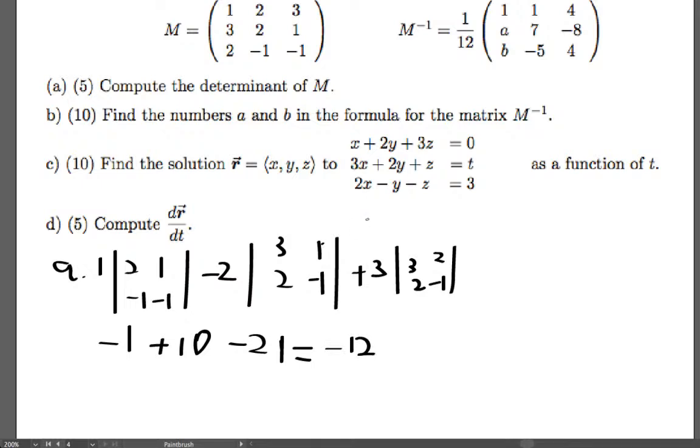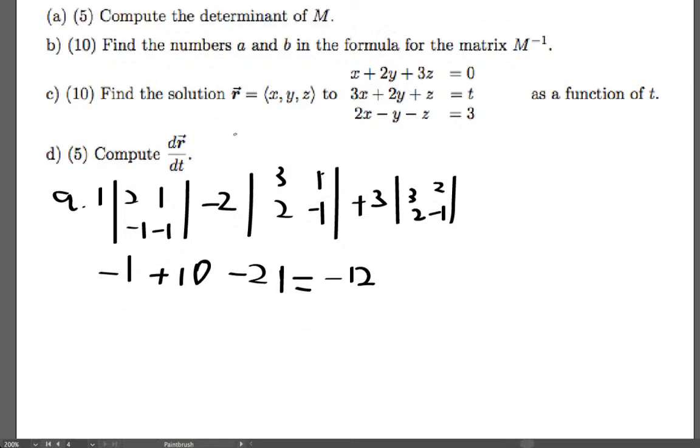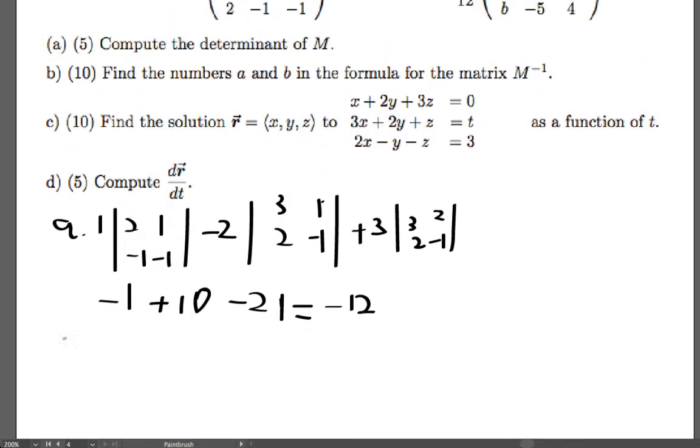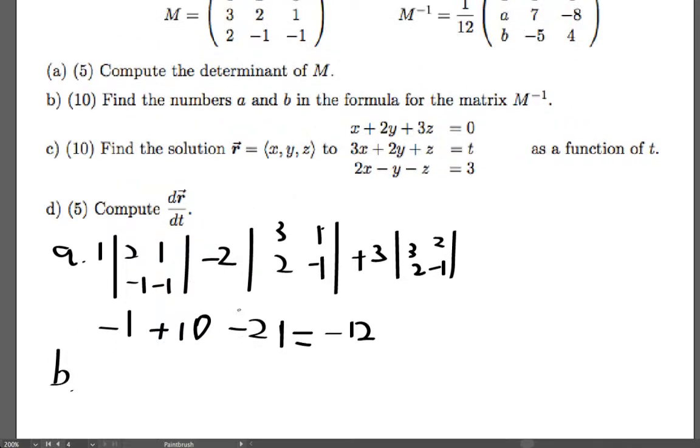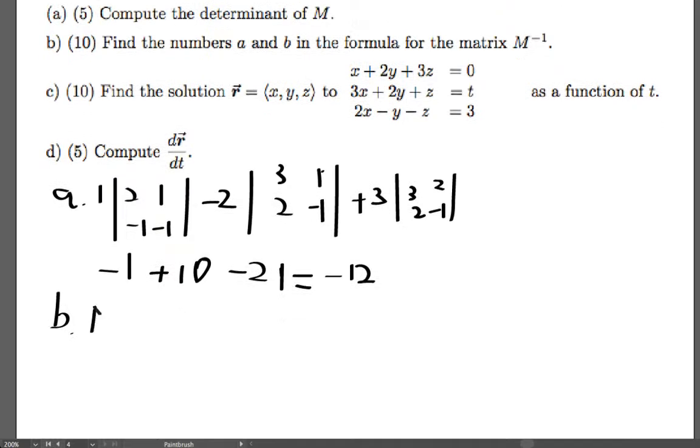So yeah, now find the numbers a and b in the formula for matrix M^-1, the inverse of M. So actually thinking about this, M inverse would be 1 over the determinant times the adjoint.